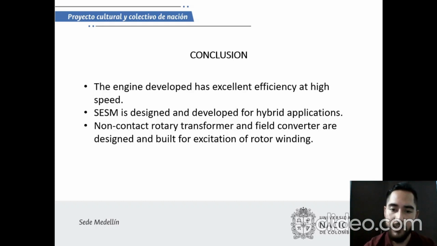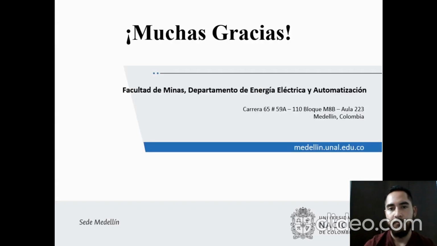The SE-SM drive system has the drawback of an added cost for the rotating transformer and the power converter. However, this development eliminates price and supply uncertainties of permanent rare earth magnets, which is a major concern for the automotive industry. Thank you very much.